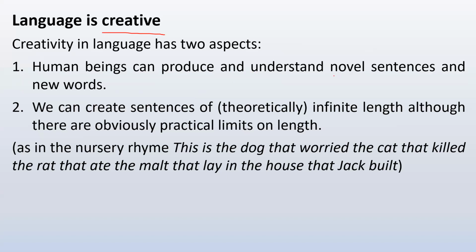Novel means new. So the idea is human beings can create or produce, even understand new sentences. They can even create new words also. That's a very clear aspect in language, right?